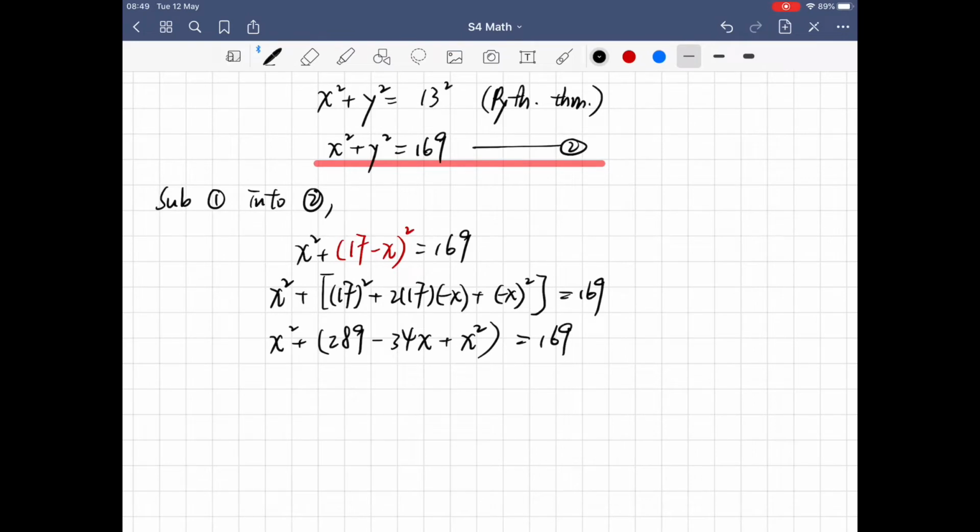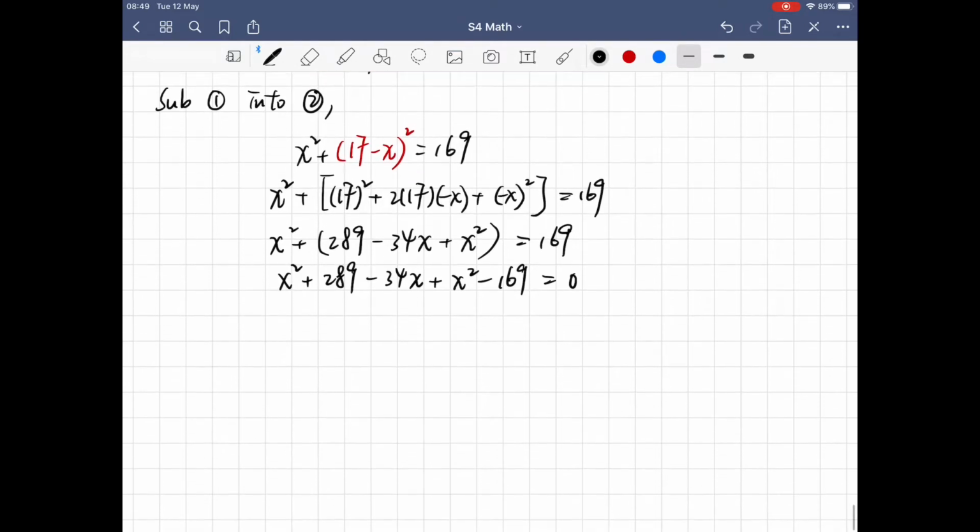Okay, and then we can remove the brackets. So as there is a positive sign, that means there is no change of the other signs. At the same time, I will put the 169 to the left hand side.